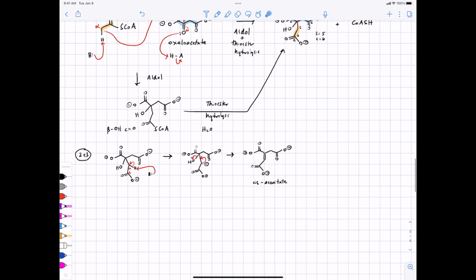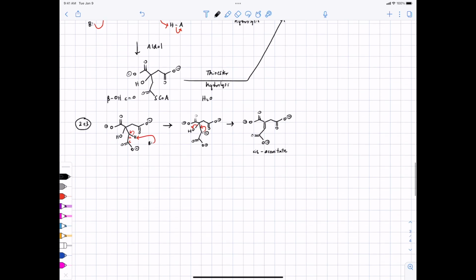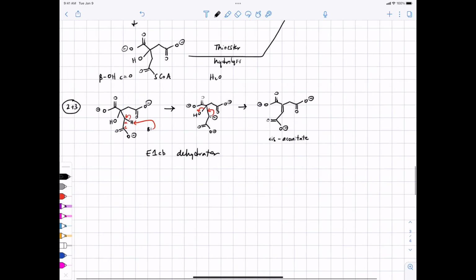Here we've finished up with that aldol reaction, doing the E1CB dehydration step to get cis-aconitate, which is an alpha-beta unsaturated carbonyl compound. Okay, so the OH was on the tertiary carbon where we can't oxidize it. We've done an elimination reaction to make an alpha beta unsaturated carbonyl compound.